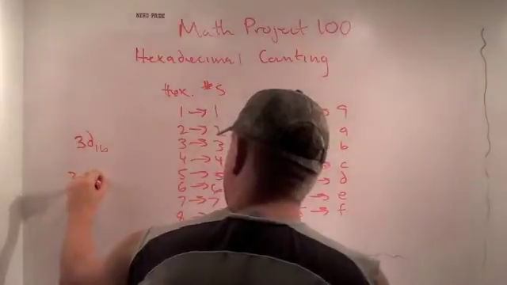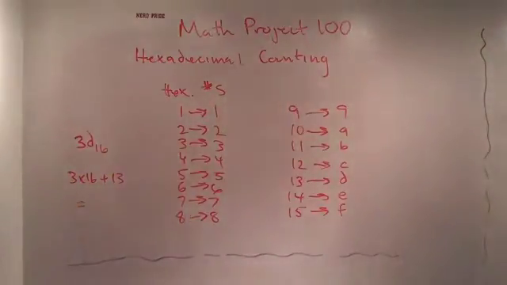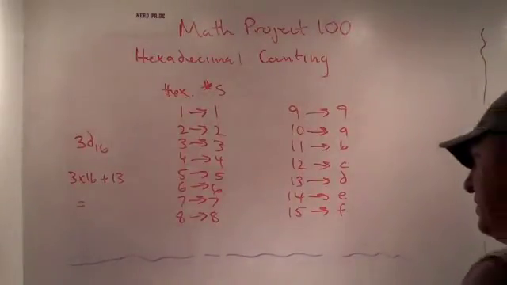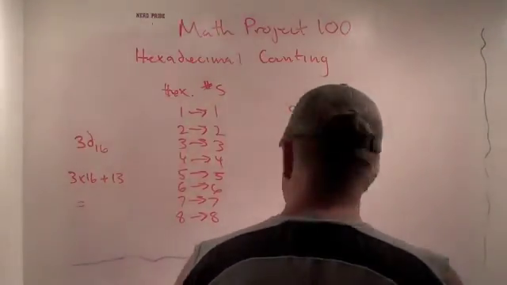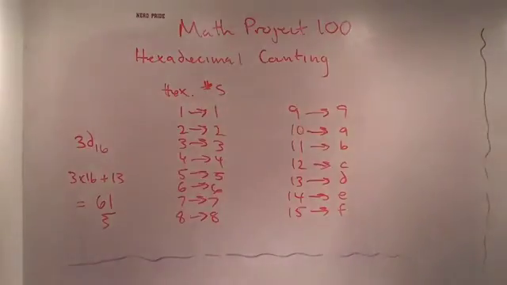What is 3 times 16? 48. Plus 13, which is 61. Okay, so the number 61 in base 16 is 3D. So when somebody says 3D, maybe they just really mean the number 61.